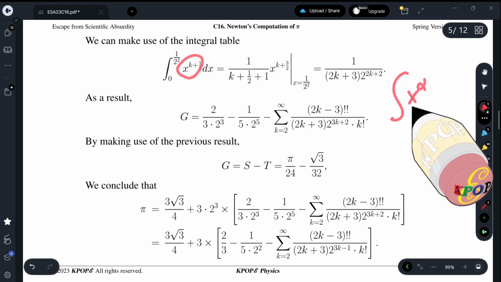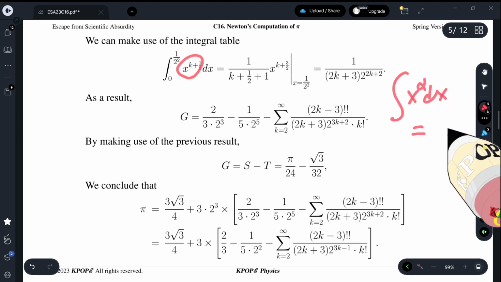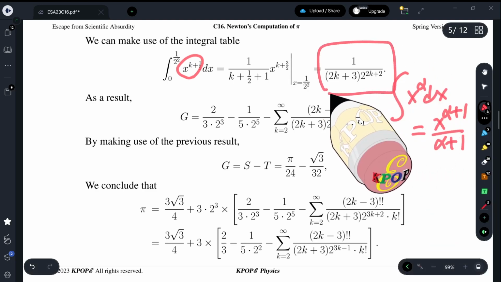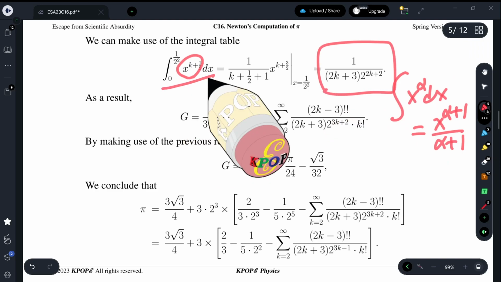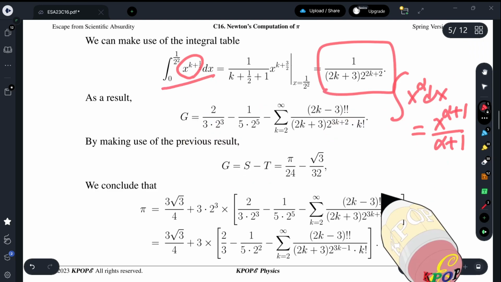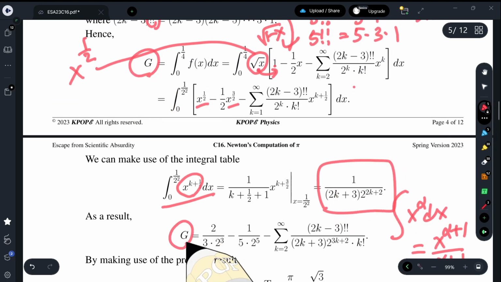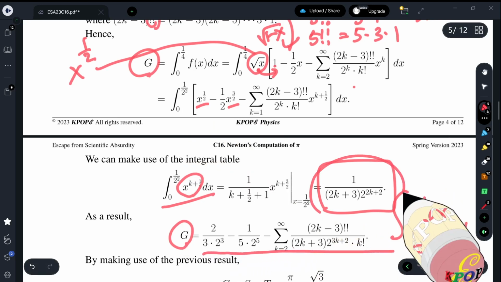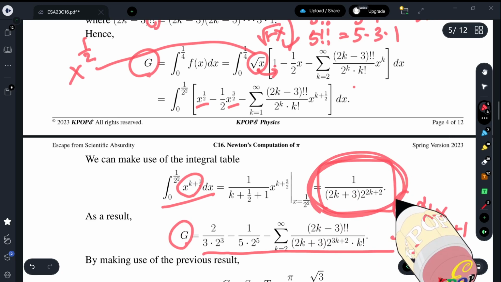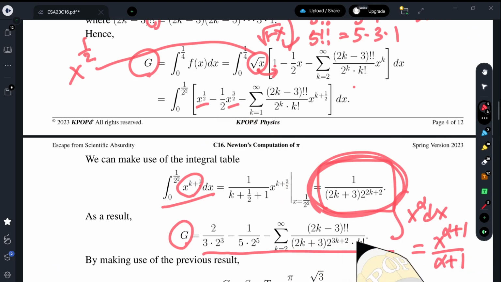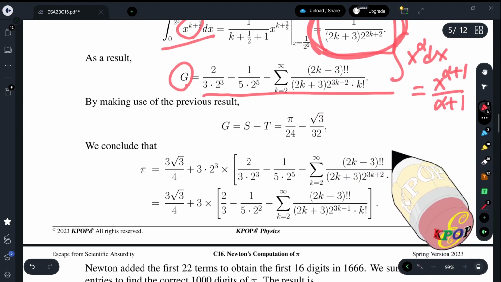We have this expression. So we can evaluate this integral straightforwardly. Therefore, the area of the green region, G, is simply expressed as, by making use of this integral table, we substitute this here, and here, and here, we finally obtain the series.